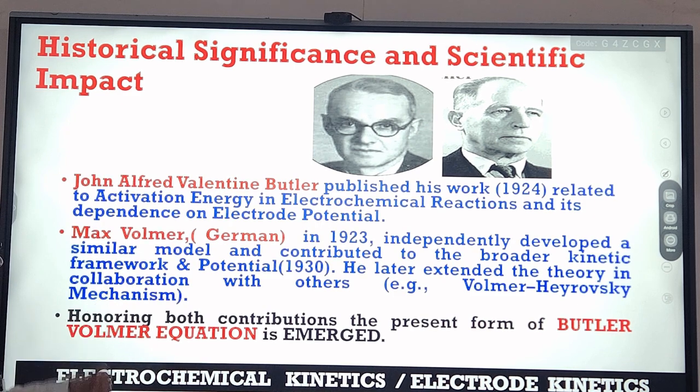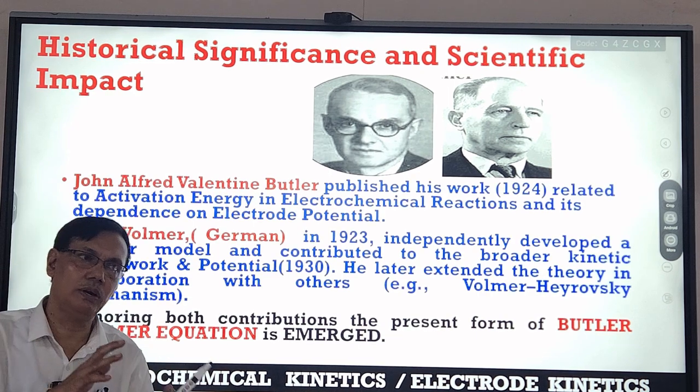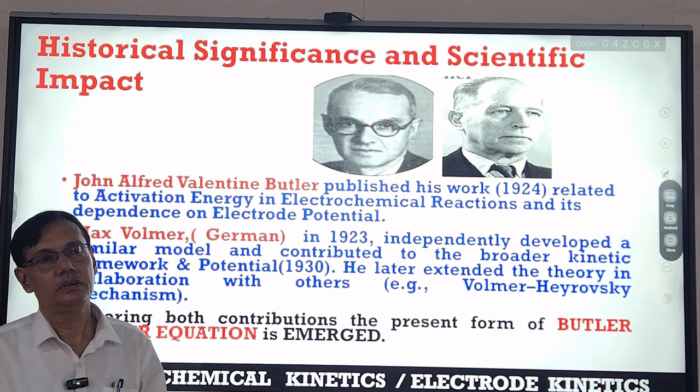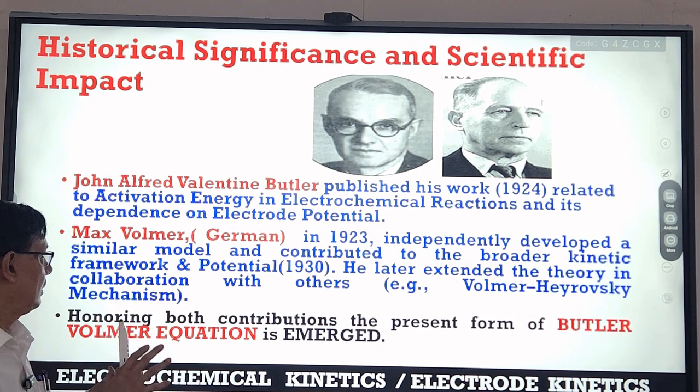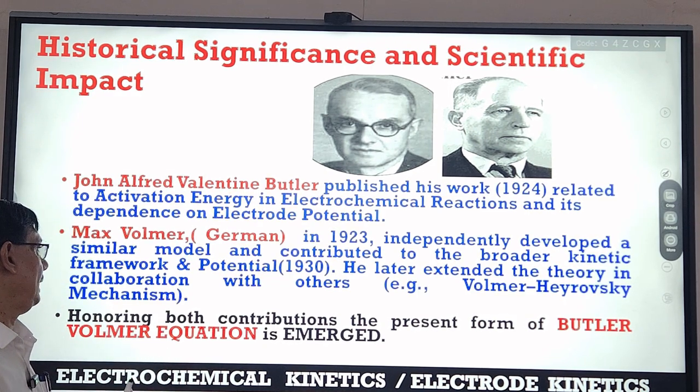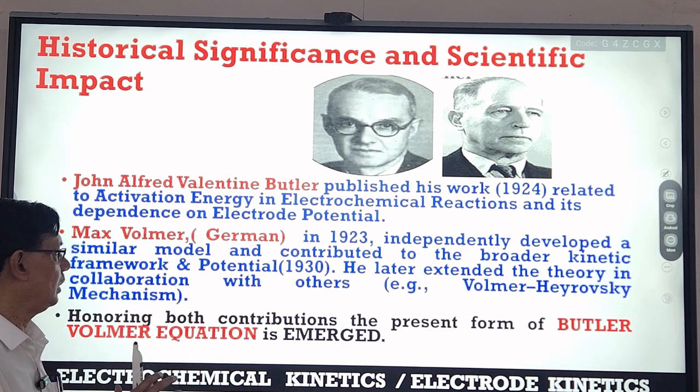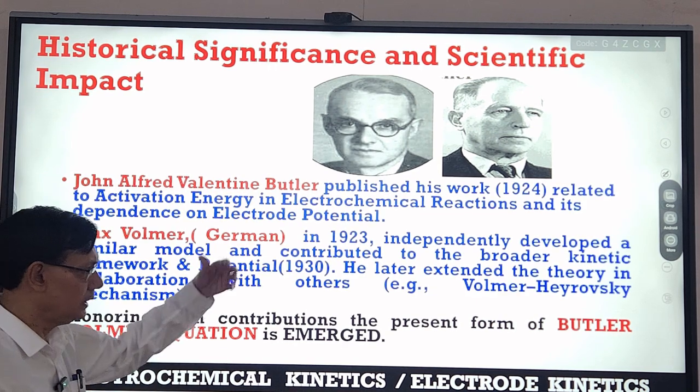And the other scientist, Max Volmer, at the same time, between 1924 and 1930, was also working on the role of electrochemistry and some potential, overpotential and other things, of course with other scientists.